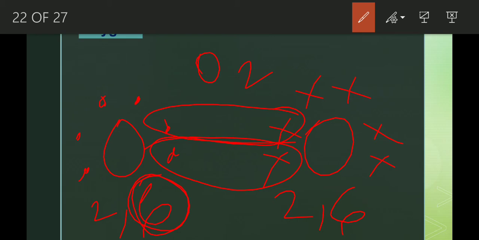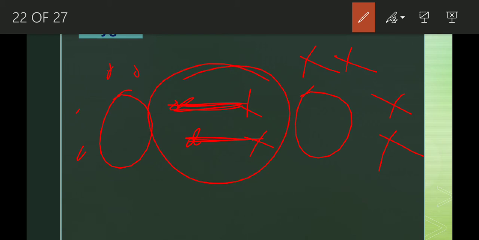Here 2 pairs of electrons are shared, 1, 2, 3, 4. In total, 4 electrons are shared. Again, this is an equal sharing of electrons: this particular oxygen shares these 2 electrons and this particular oxygen shares these 2 electrons. So altogether they share an equal number of electrons, right? That's why it is an example of a non-polar covalent compound. Here a double bond is present. Why?